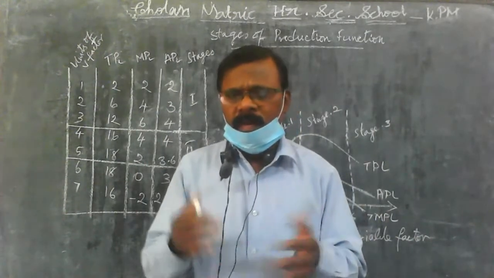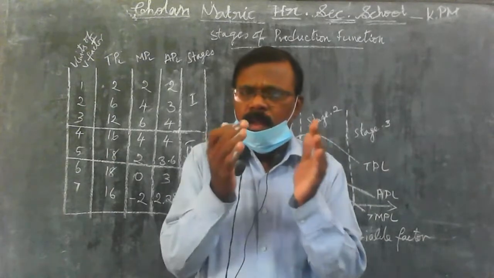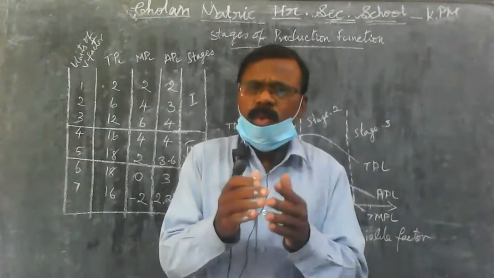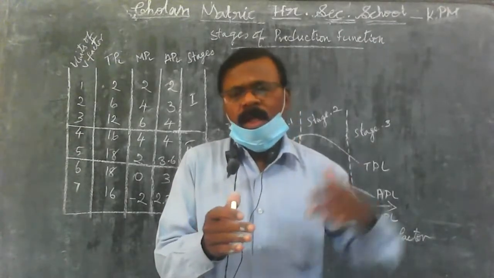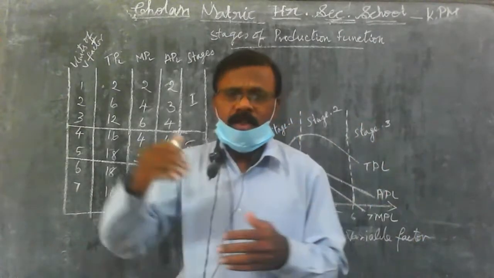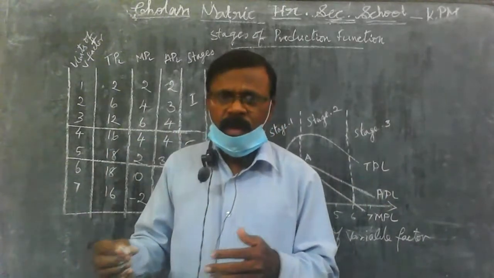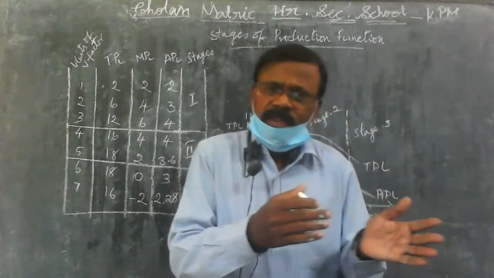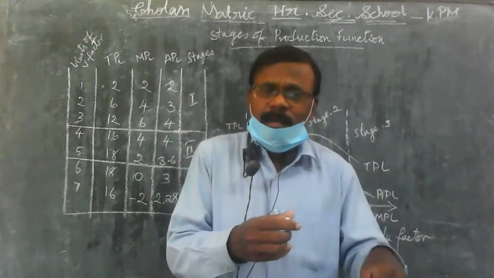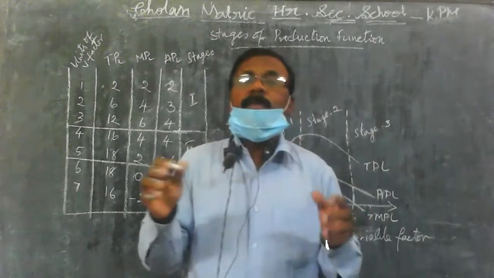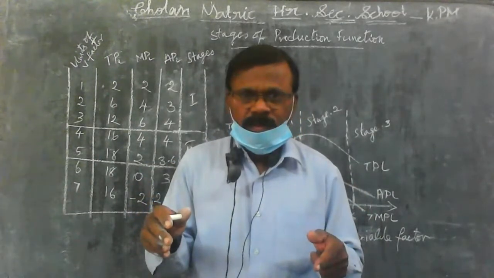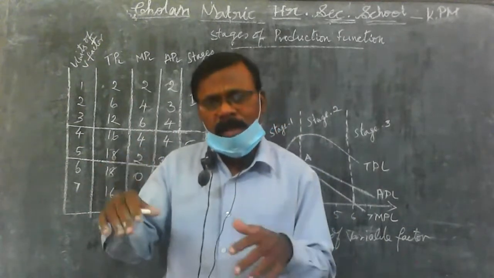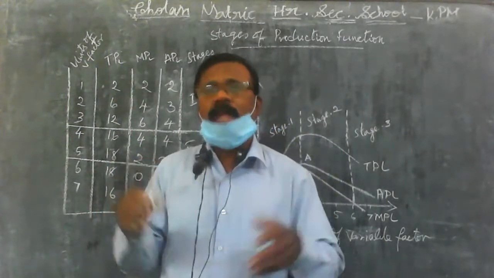Now, the production function is explained in two categories: the long run production function and the short run production function. The short run production function is illustrated by the law of variable proportions, whereas the long run is explained by the laws of returns to scale.